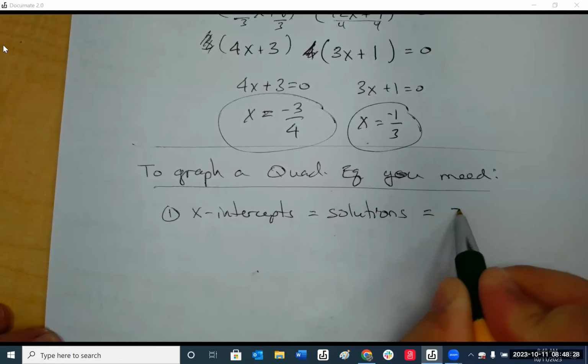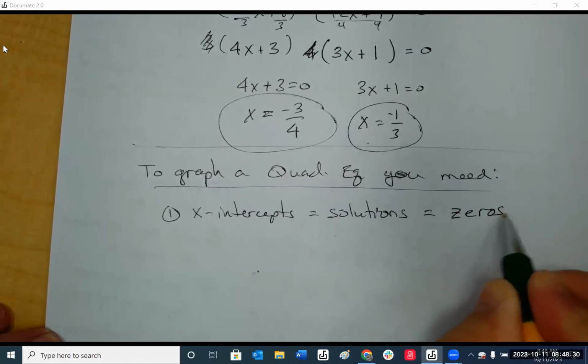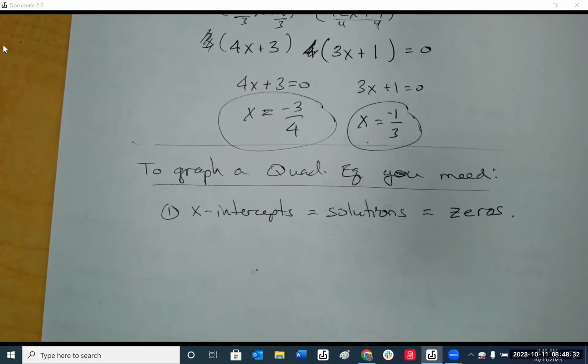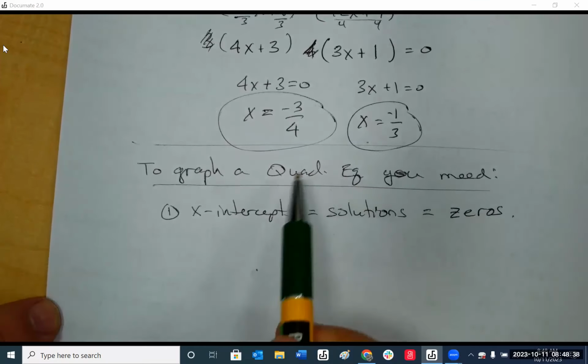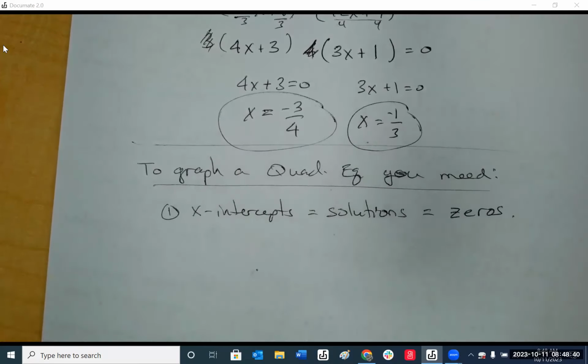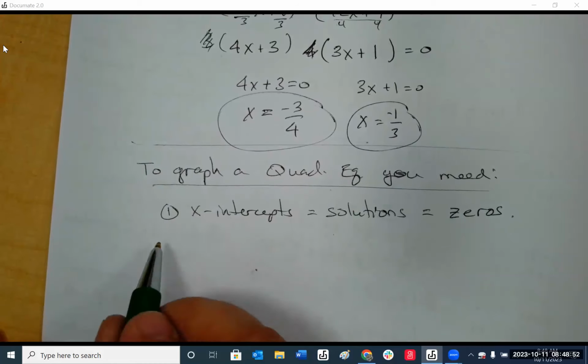They're also called the zeros. The reason they're called zeros is because if I put them back in the equation, it makes it equal 0. So x-intercept, solutions, and zeros all mean the same thing. Okay, we have the x-intercepts. We plot those.